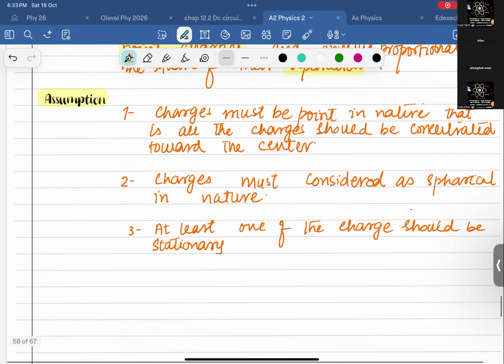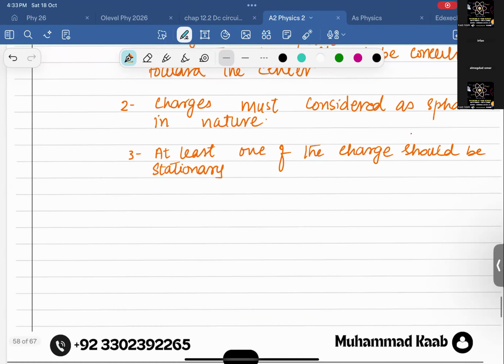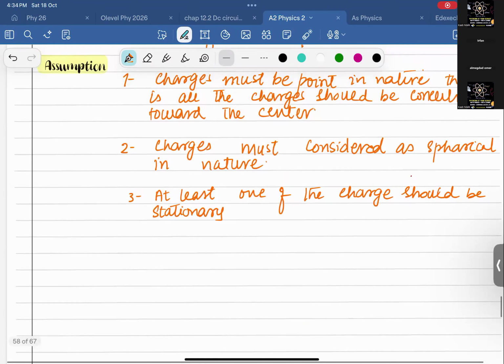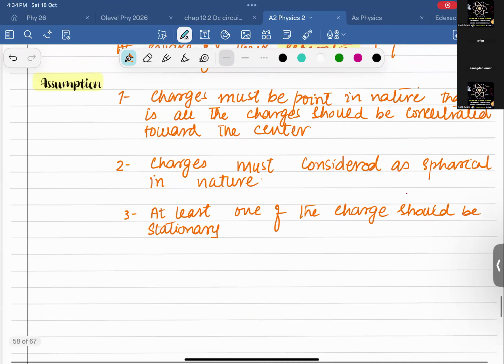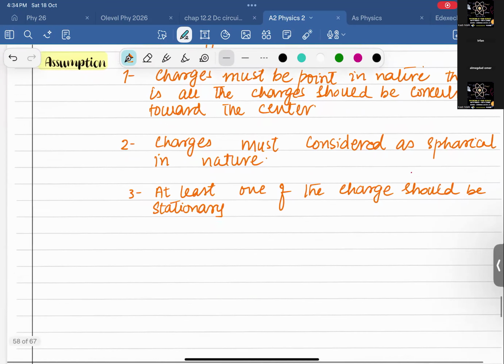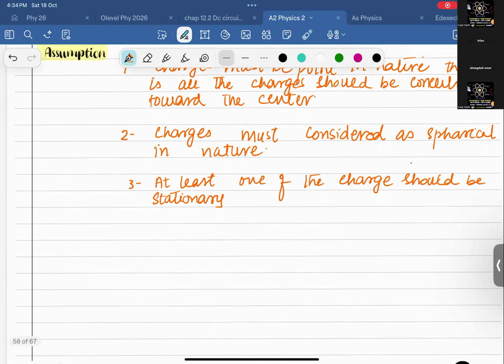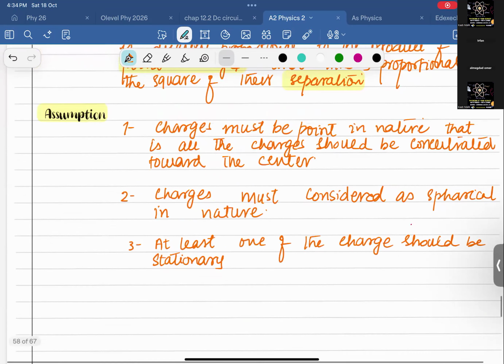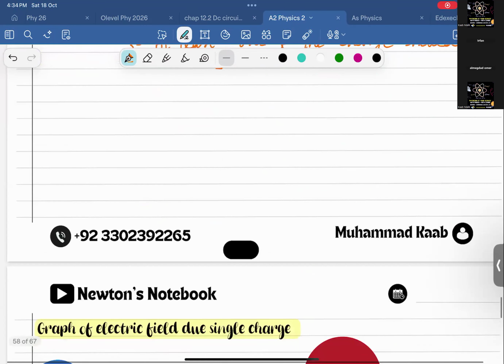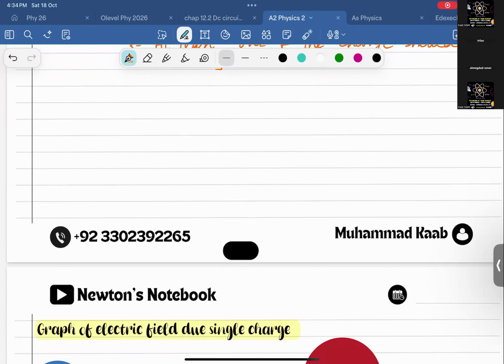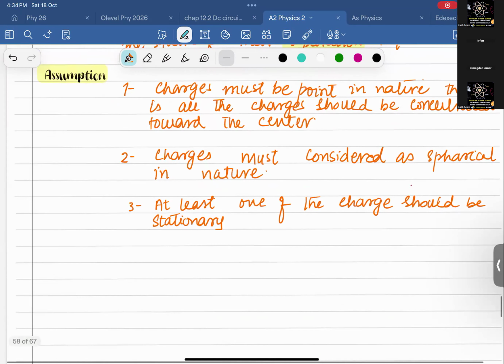Fine. These are some of the assumptions for Coulomb's law, right? Now, we consider that the electric field strength around the charge can be increasing or decreasing.